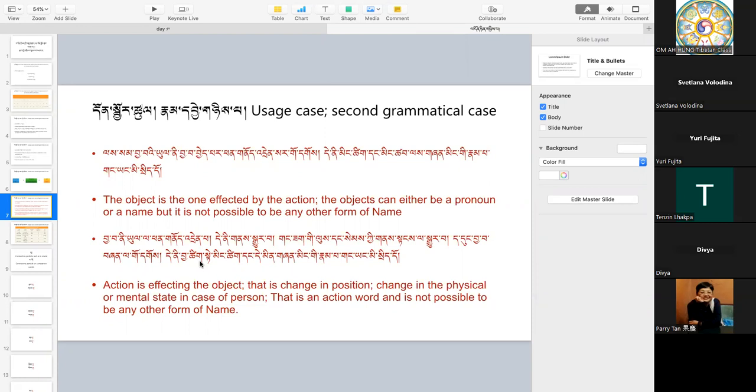So now that we have a clear idea of what is the action, we know what is an object. An object is the one that is affected by an action, meaning it is something that has changed its position or changed physically, or in case of a sentient, physically in a certain context, and then mentally, and any other type of action that is being carried on.